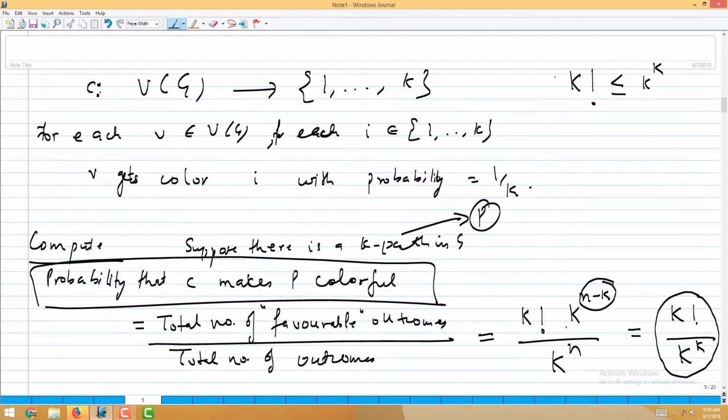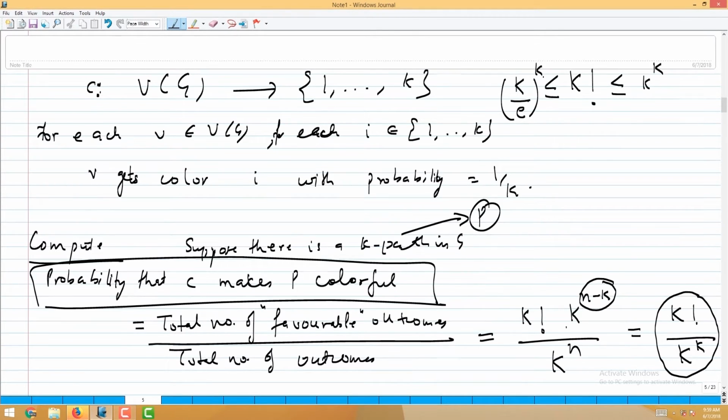It turns out that there is also a lower bound for this expression. Again, we will not prove it, but there is something called Stirling approximation, and what you can prove is that we can also prove a lower bound for this term. When we upper bound it by K power K, this is not very bad, in the sense that there is also a lower bound for it, which is K by E power K. And what is E?